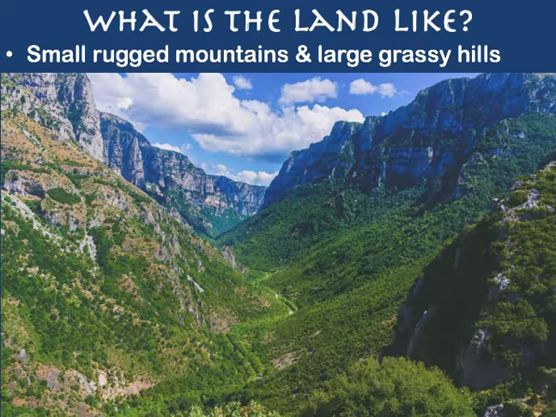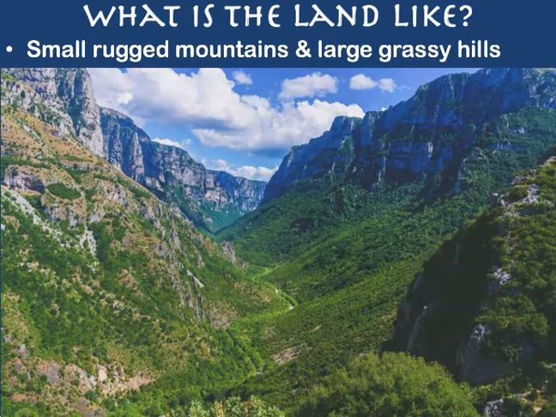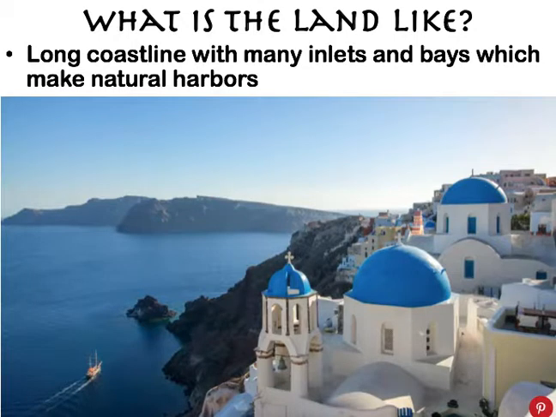Another factor with the land that's really important. Moving around on land because of these rugged mountains and large hills is a bit difficult. Maybe you might have touched on something like that in the Do Now I assigned you. However, there is a long coastline. How pretty is that? I want to go there.